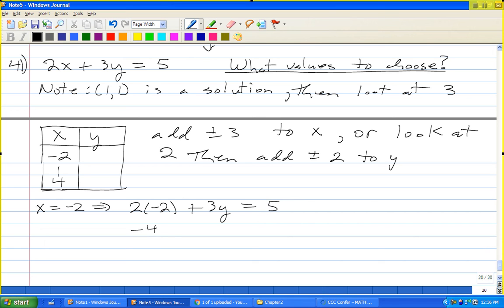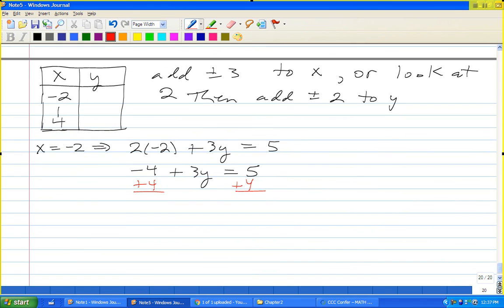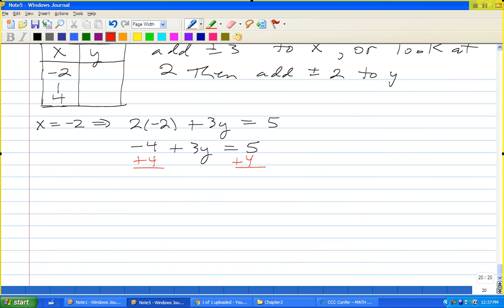So you get a -4 plus 3y equals 5. Add 4. So 3y equals 9. Divide by 3. So y equals 3.